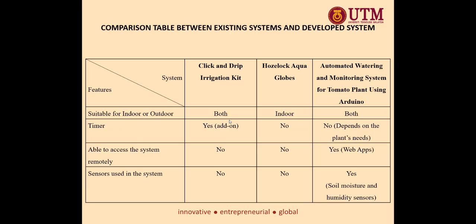There is no sensor used in both of the existing systems, while mine, yes, I do have soil moisture and humidity sensors that will be used to gather the environment value by using the controller.